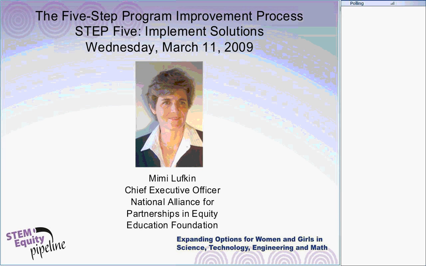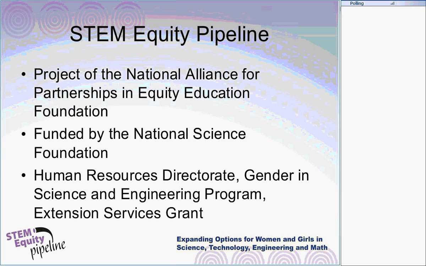So here we go. As I usually do at each of these presentations, let me give a quick overview of the project. For those of you for whom this is the first time you've been involved, this may be new to you, but the STEM Equity Pipeline is a project of the National Alliance for Partnerships in Equity Education Foundation.